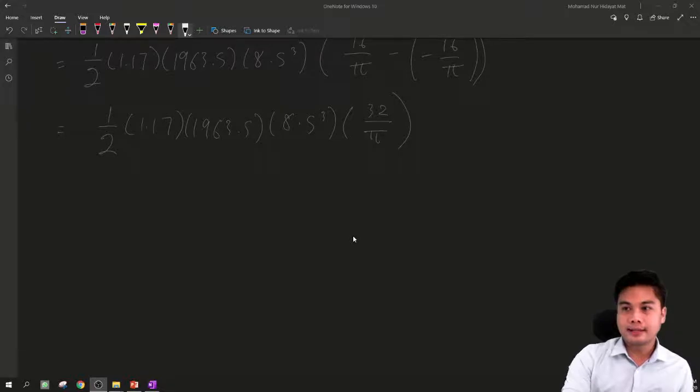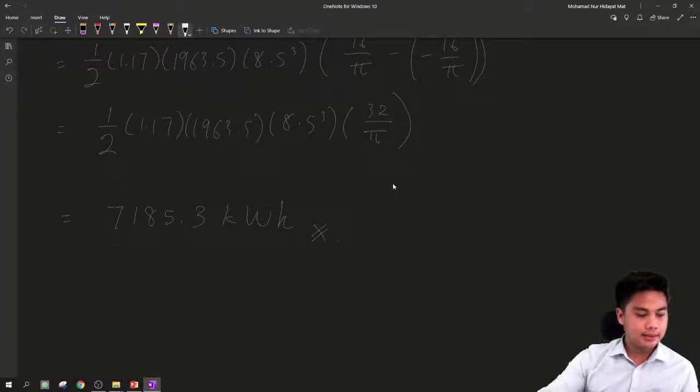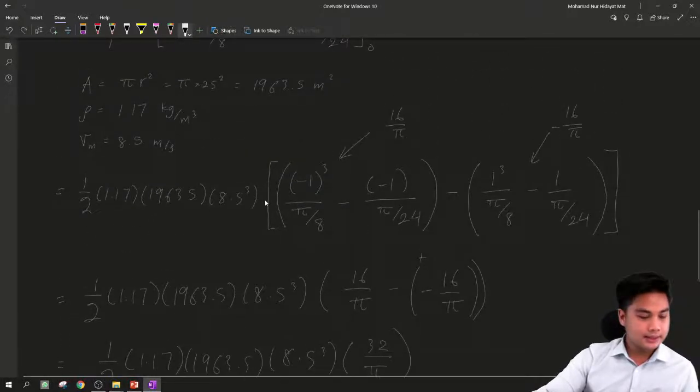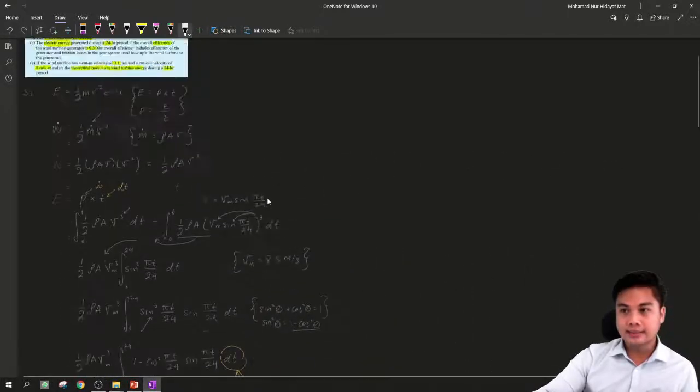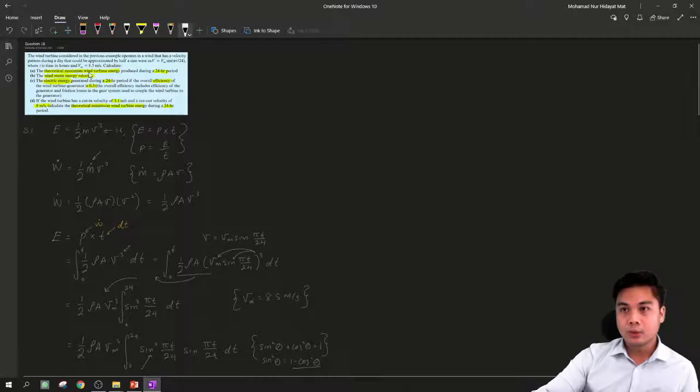Thus, the final answer here, you solve, you will get 7,185.3 kilowatt hour. Okay, because this is in terms of duration of hour. Okay, this is the maximum. So this is the, we call as the available wind turbine energy.